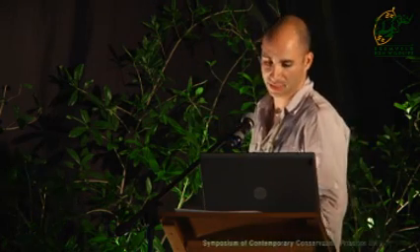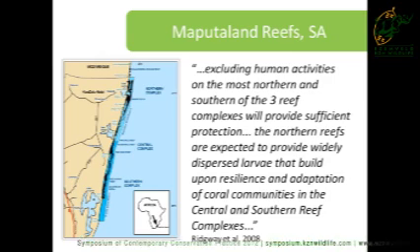So in the South African case, I'm not going to go further here, but we have the Maputaland Reef marine protected area, which has been divided in three complexes. The ones in the north are sanctuary zones, and the southern complex is a sanctuary zone as well. The central area is the one that is heavily used.